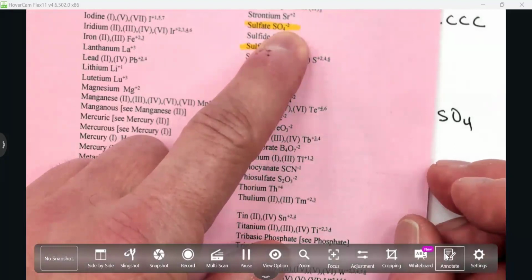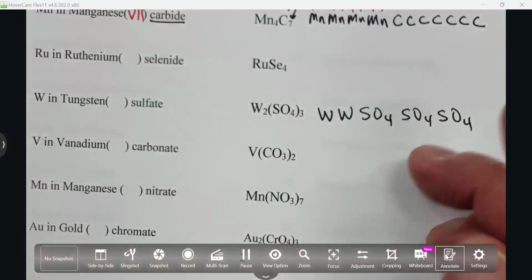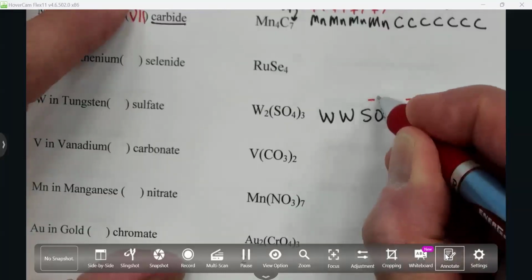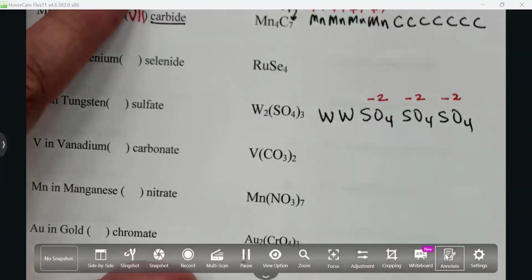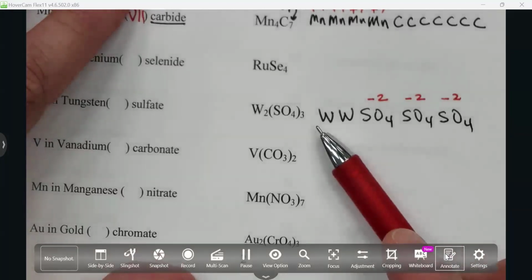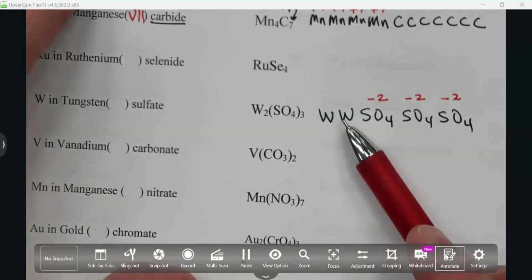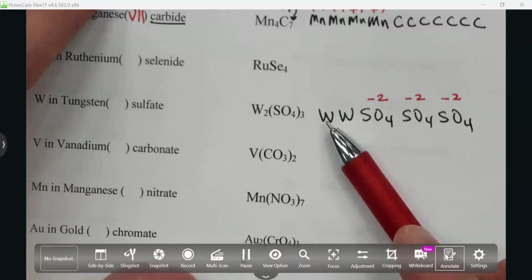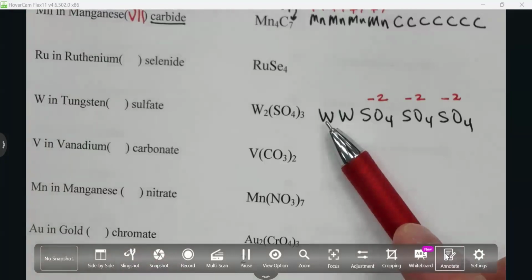Sulfates are -2. So -2, -2, -2. What do my tungstens have to be? +3s for these, yes? Now you might say, well, can tungsten be a +3?